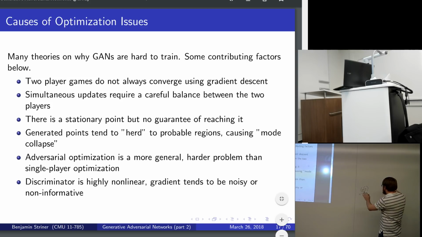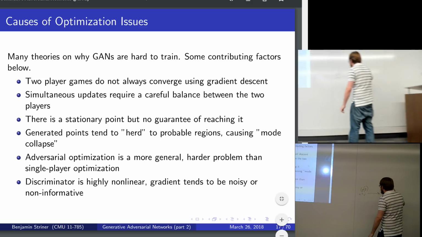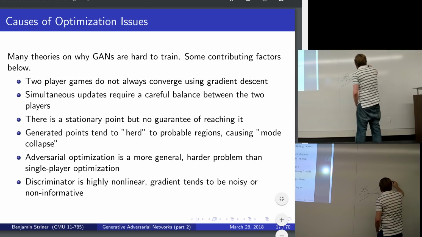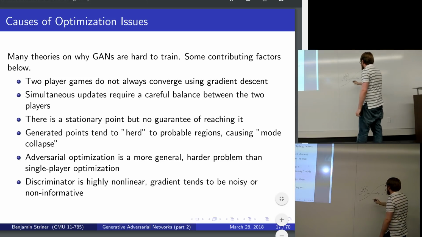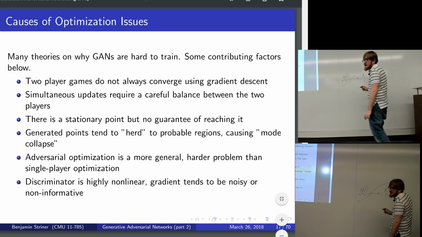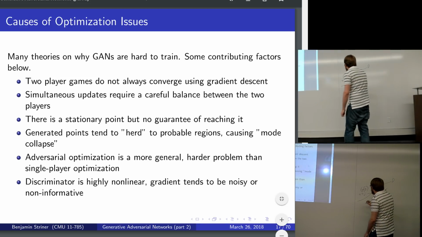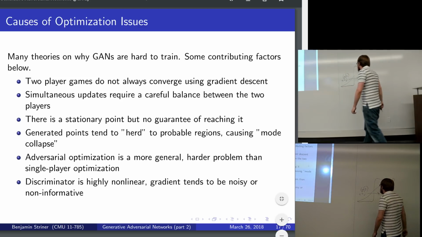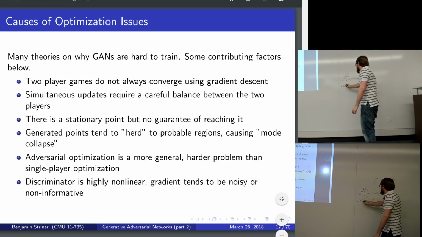Your ideal discriminator is trying to tell this to move over here, right? It's trying to give it a gradient that goes over here. And your discriminator is a scalar. So your ideal discriminator would be something like this, because that means if you move these things along that gradient, you'll nice and smoothly end up over here. But in practice, sometimes you'll end up with a discriminator that looks like this. And that means you have no idea where to go here.